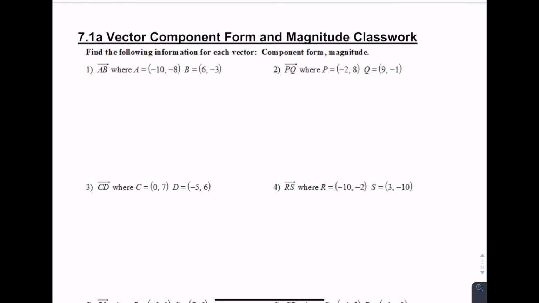So then, find the following information for each vector: component form and magnitude. Well, we can give this a little quick graph, but we don't really have to. We just have to do the component form. This is x1, y1, x2, y2. Okay, so then what we're going to do is do component form. So AB with an arrow, that is triangular bracket.